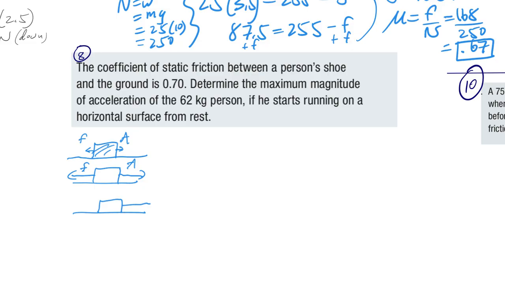When the force gets to this critical limit, the static friction won't be enough to keep the block in place. We call that the maximum static friction. And at that point, the block will start moving.